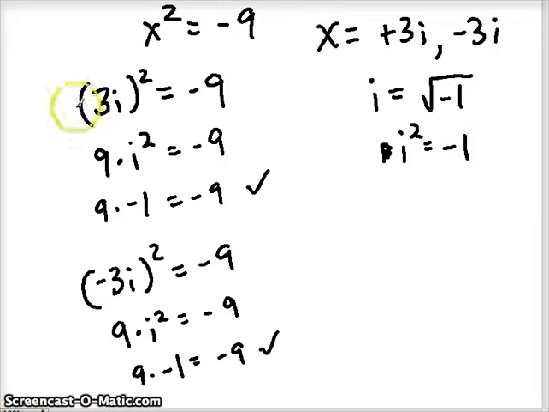Alright, so let's get into something new here. We left off in that last video looking at something that looked like this. What was it here? It was 1 plus or minus i times the square root of 7. We talked about how this is really an introduction to what complex numbers are.